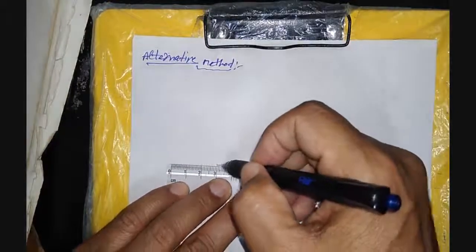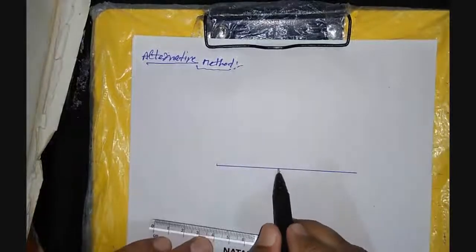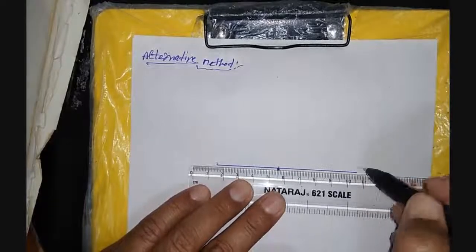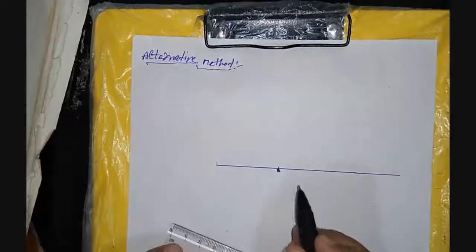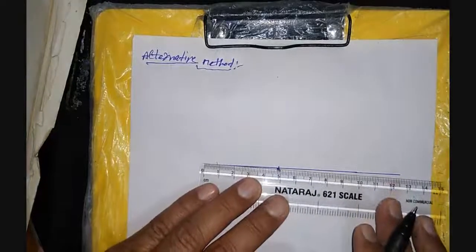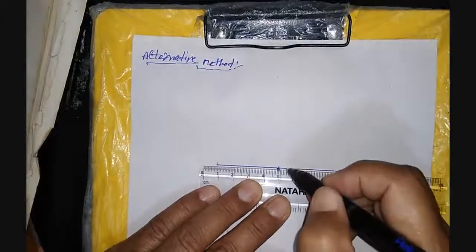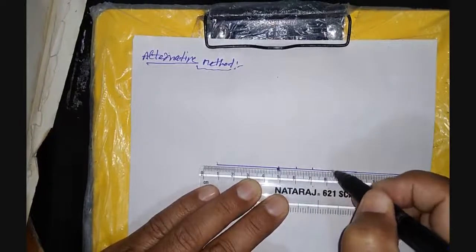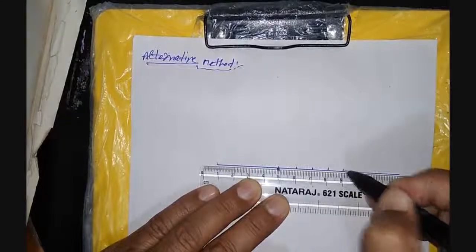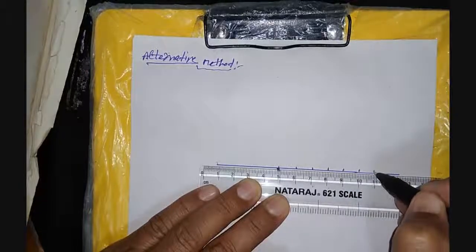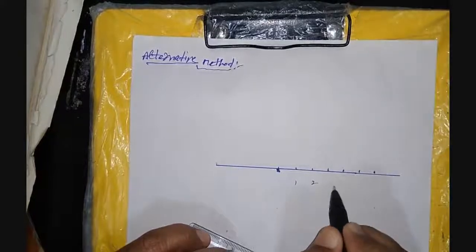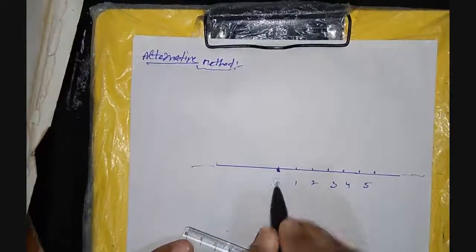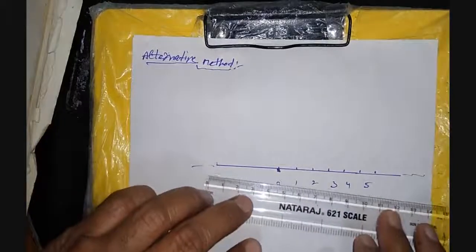Take this number line, keeping a distance of 1 unit between each term. This is 1, this is 2, 3, 4, 5 and so on. This is 0.